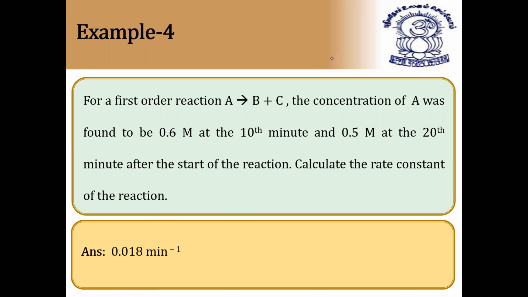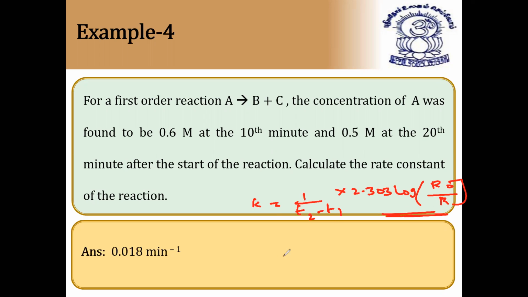One more formula is also there for the same question. K is equal to 1 by (t2 minus t1) into 2.303 log of initial concentration by final concentration.